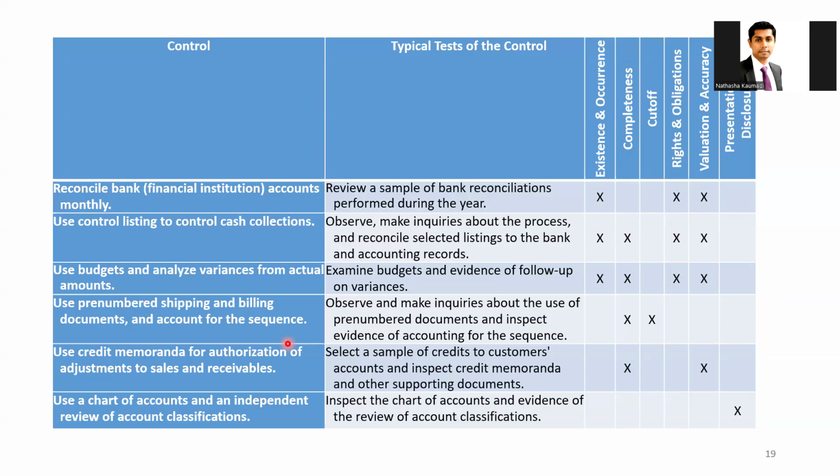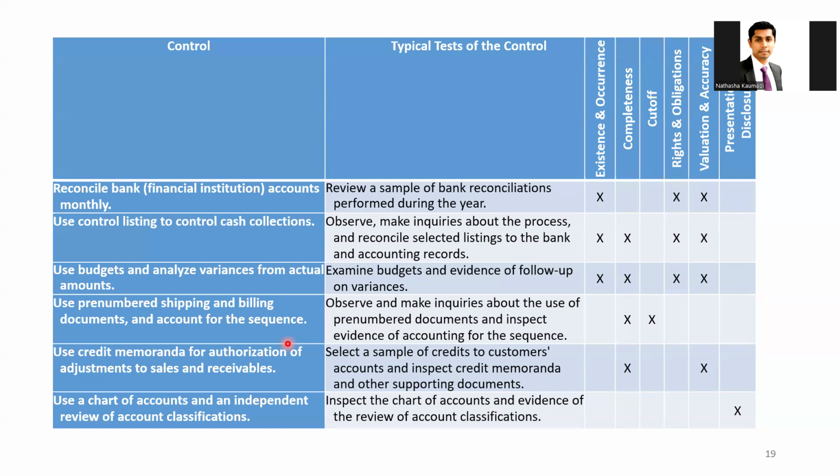So I told you previously as well, if you understand that the controls of your clients, the test of controls, are good, then that means you don't have to do many other audit procedures. So basically, you can reduce the substantive procedures you are going to do. What are the substantive procedures? Test of details and substantive analytical procedures.